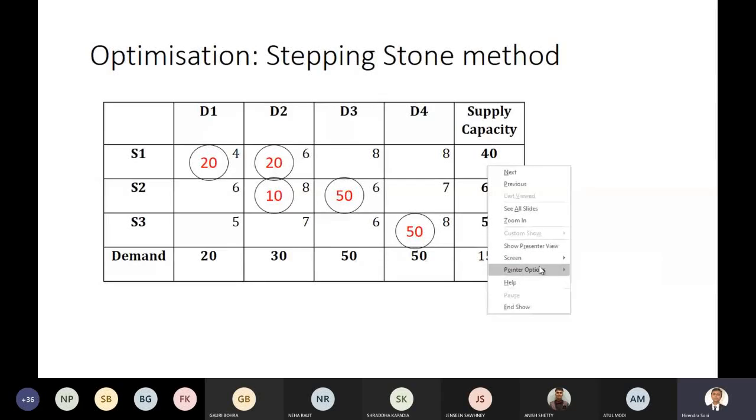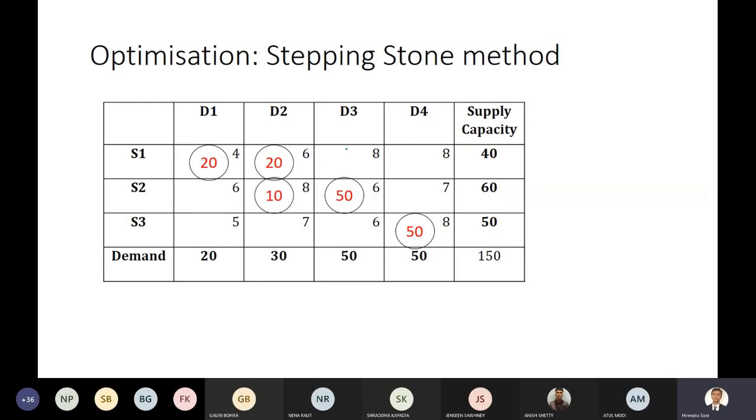Okay, so if I am assuming an allocation in this particular cell, what will happen is I will have to readjust.